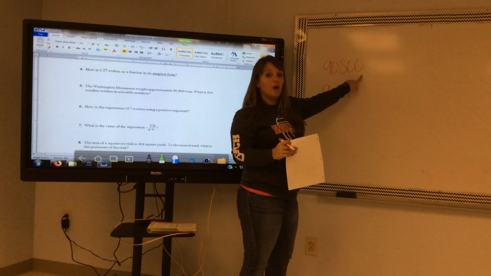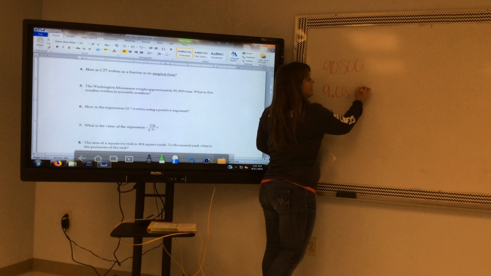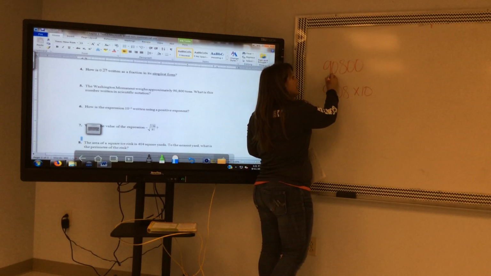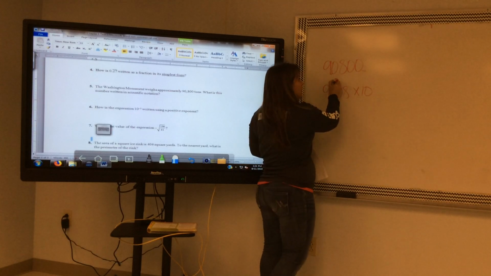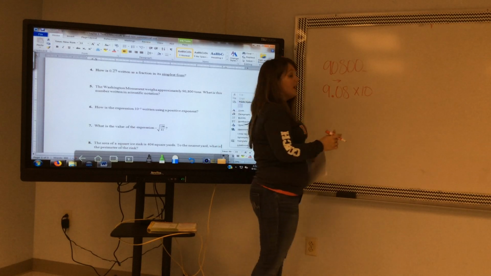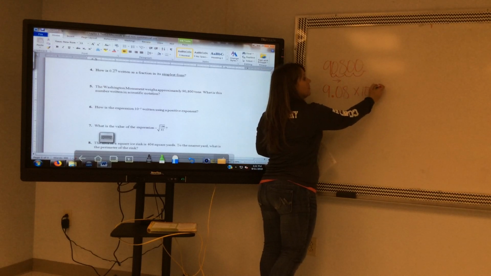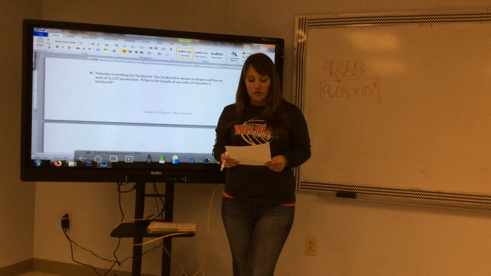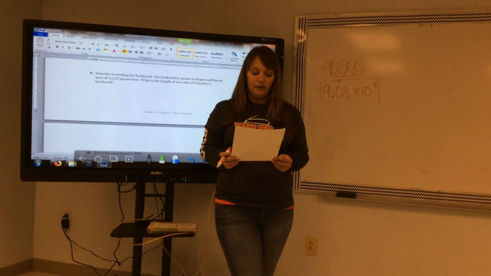But these zeros are not significant because they're at the end of the decimal. I always multiply by 10. I put the decimal here. It belongs here. So I need to move it to the right, making my exponent positive. And I need to move it 1, 2, 3, 4 times, so my exponent is a +4. So my answer should be 9.08 times 10 to the 4th power.